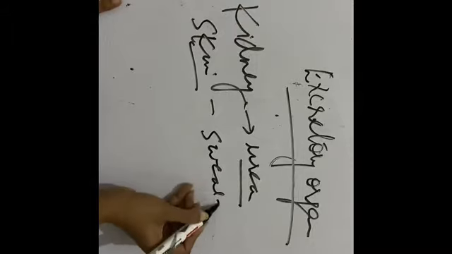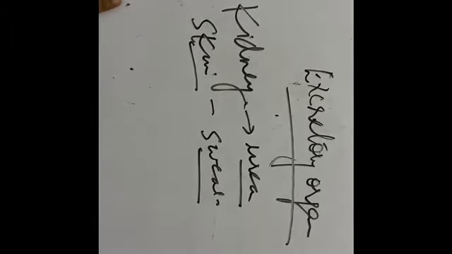And along with the kidney, there are some accessory organs as well which function in some way and throw out waste. It is the skin. As we know, skin has sweat glands which produce sweat, and in the form of sweat, excess water and some excess salts are thrown out from the body.